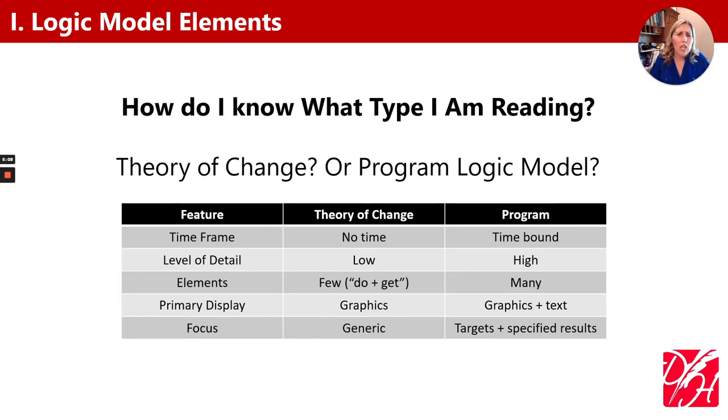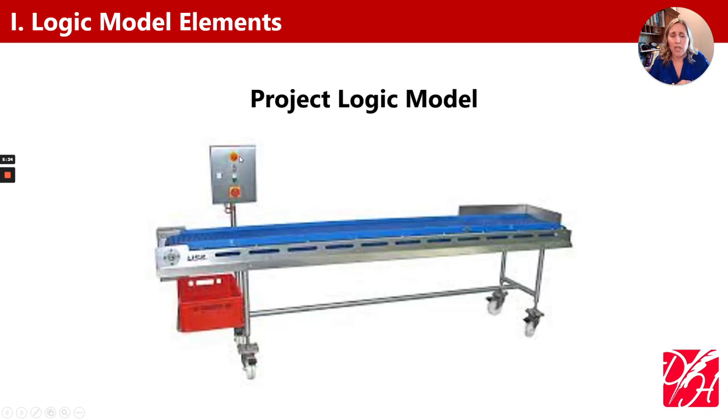A theory of change is usually more generic in the type of information and the level of detail that's being provided, whereas a program logic model is getting into very specific anticipated outcomes and results, maybe short-term, intermediate, and long-term. So those are some of the key differentials between a theory of change logic model and a program logic model.